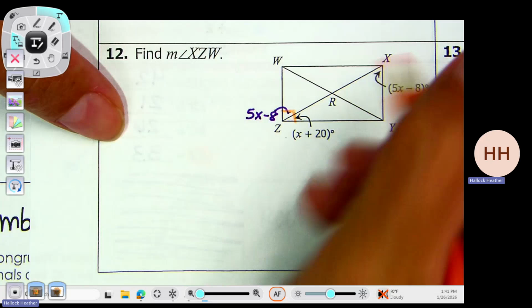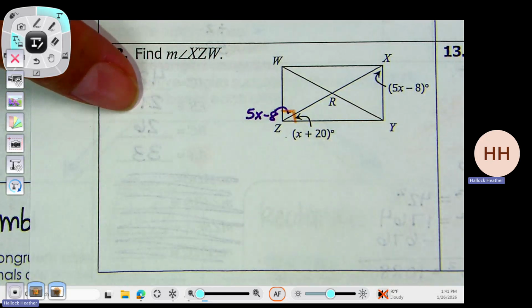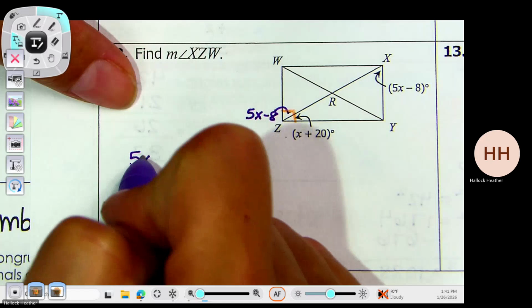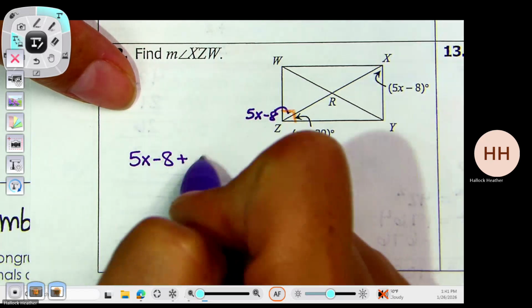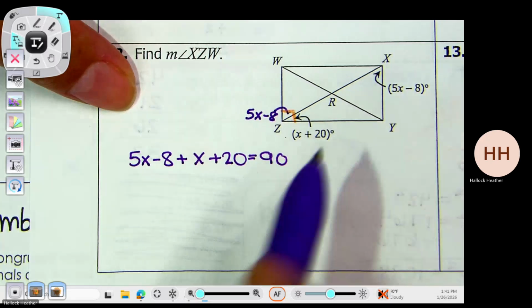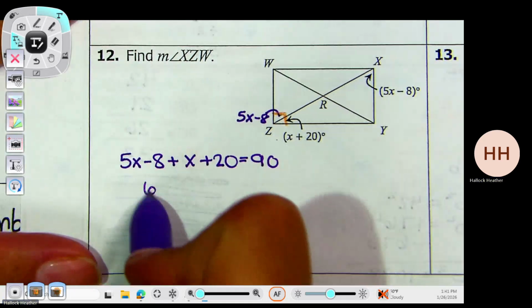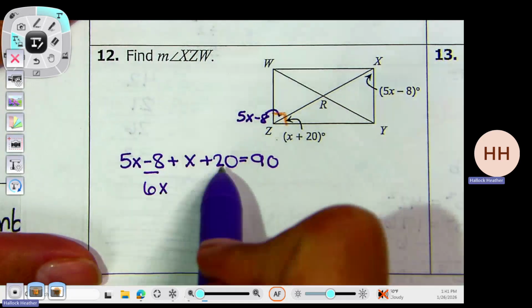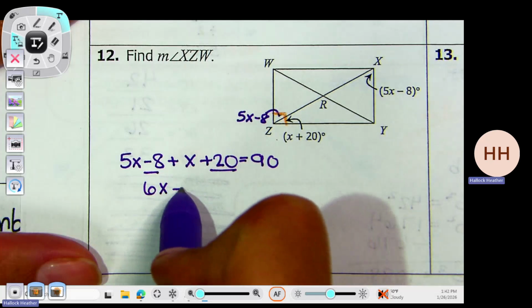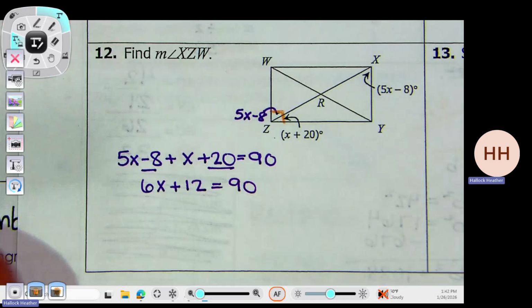The corner total makes 90. So we're going to add to make 90. So we're going to combine like terms. 5x and 1x makes 6x. -8 and 20 make 12. 2-step equation.